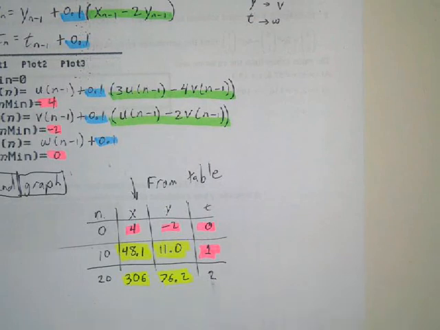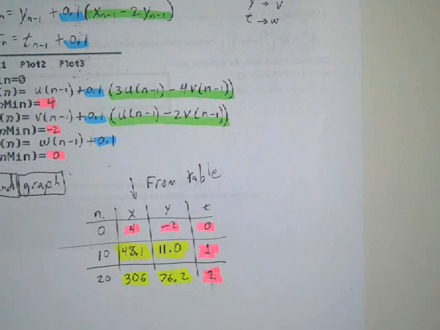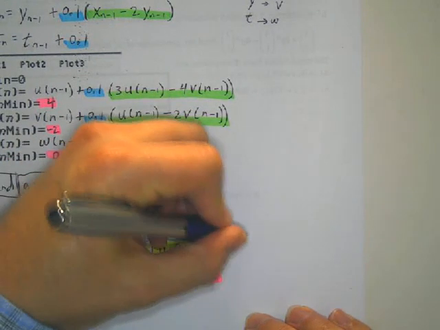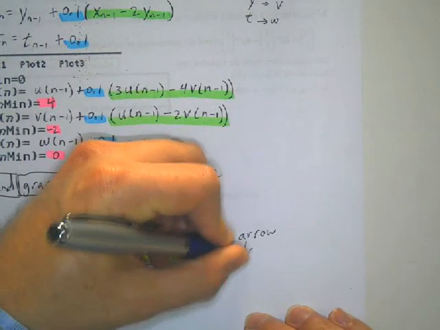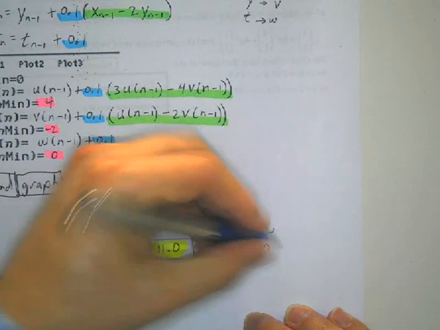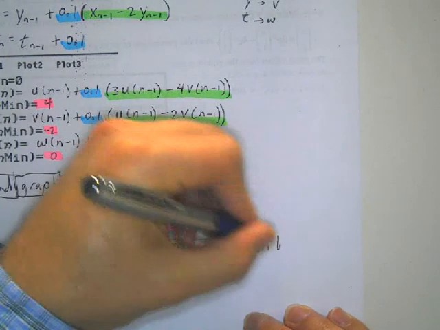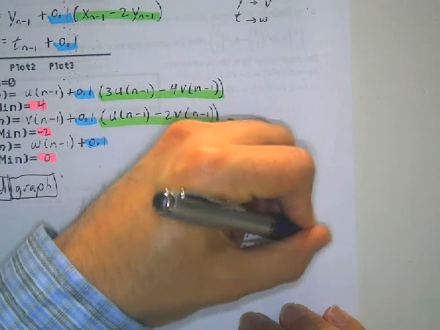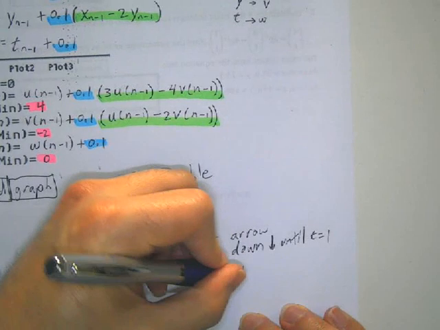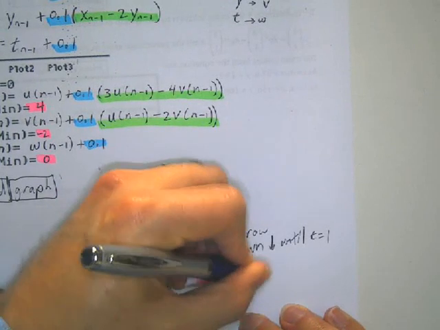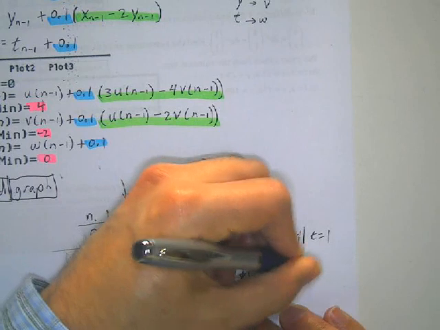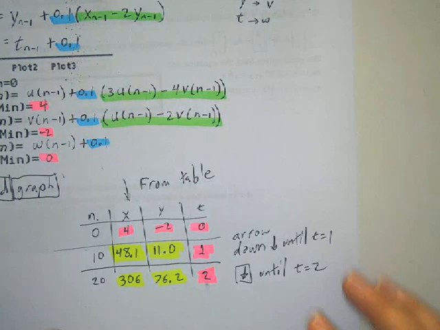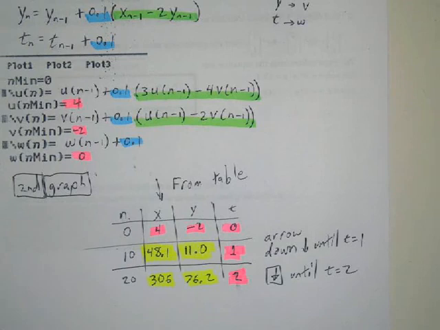We hit the arrow down until t equals 1, and then we did the arrow down until t equals 2. So you pretty much just do that for all of these problems on this handout.